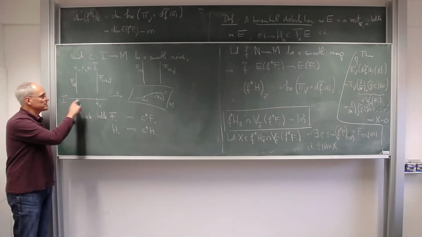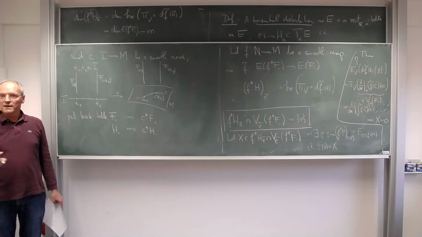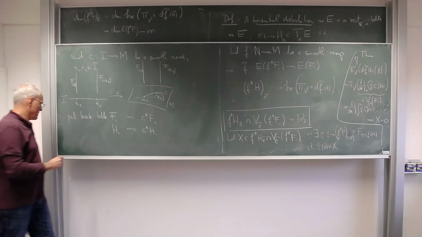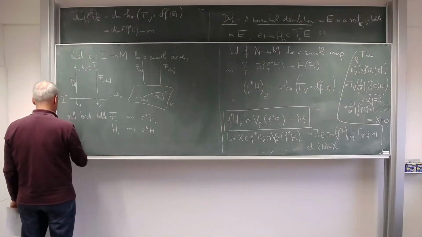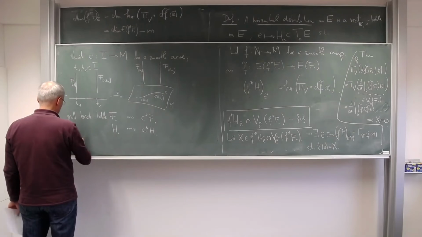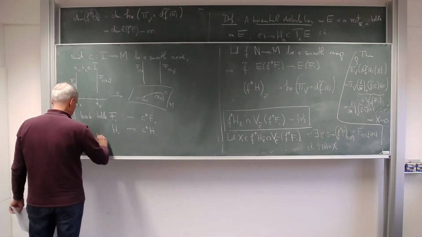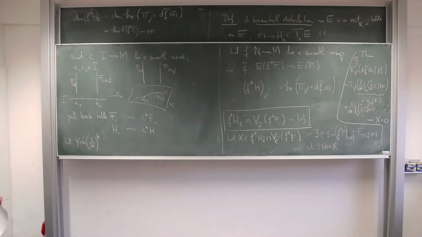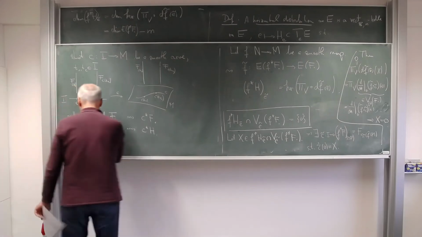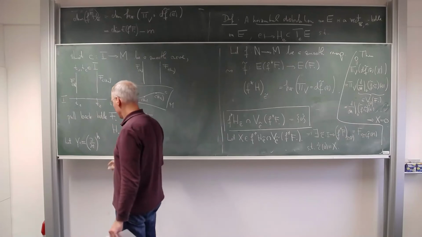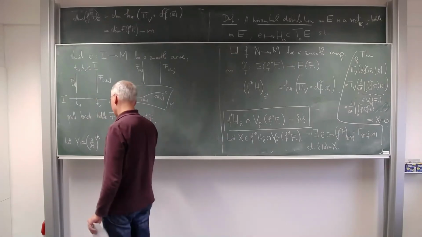I take this canonical vector field d/dt and look at its horizontal lift here. So let Y be the horizontal lift of the vector field d/dt. That gives me a horizontal vector field on the total space of this pullback bundle.